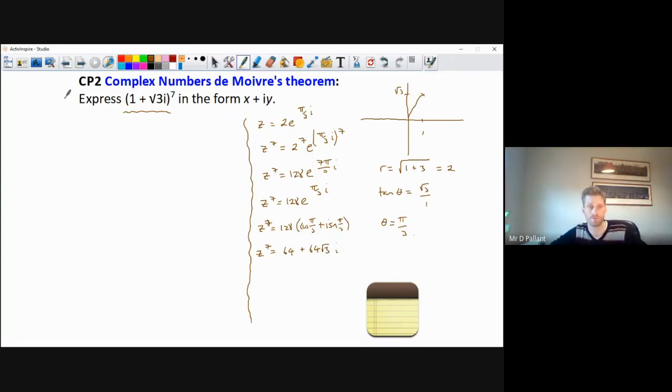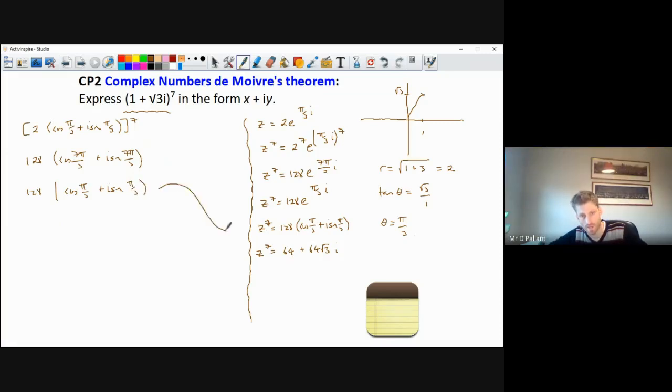You can follow the same process if we've got modulus argument form. So we've got 2 cos pi on 3 plus i sine pi on 3 to the power of 7. And so we end up with 2 to the power of 7, which is 128, cos 7 pi on 3 plus i sine 7 pi on 3, and then we can reduce that down to cos pi on 3 plus i sine pi on 3, and we end up with the same answer.